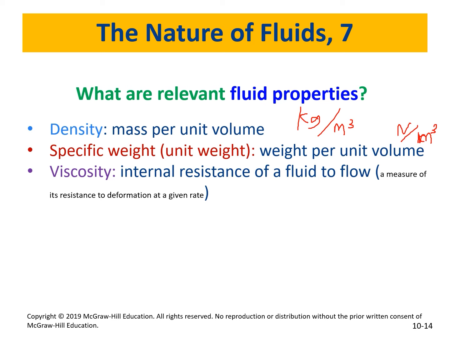Now, we have viscosity. Viscosity is the internal resistance of a fluid to flow. So when you look at this one, it is newton second per meter square, because you have the resistance to flow, and it depends on the force, it depends on the area, and it's flowing, so it's seconds. So it's Pascal second. What's Pascal?